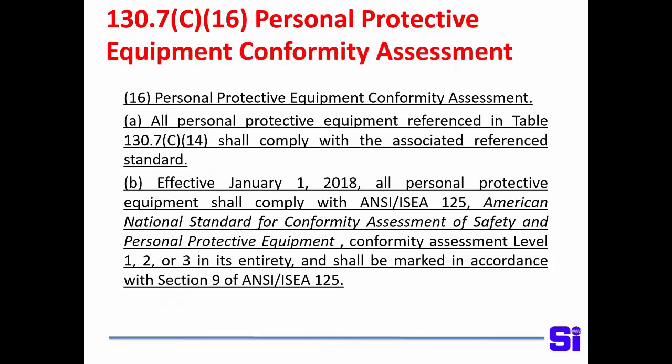130.7(C)(16), this is brand new, personal protective equipment conformity assessment. All personal protective equipment referenced in Table 130.7(C)(14) shall comply with the associated reference standard. A lot of people don't look at some of these tables, but it has all the types of test equipment listed, and then it has the standard that it's supposed to meet.